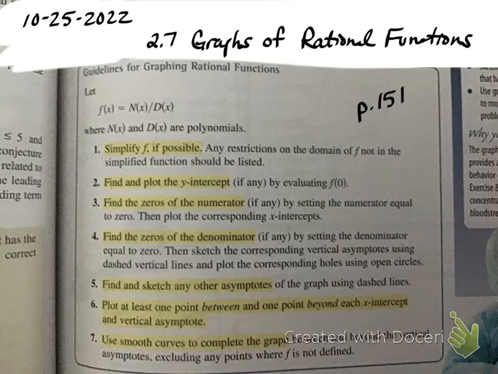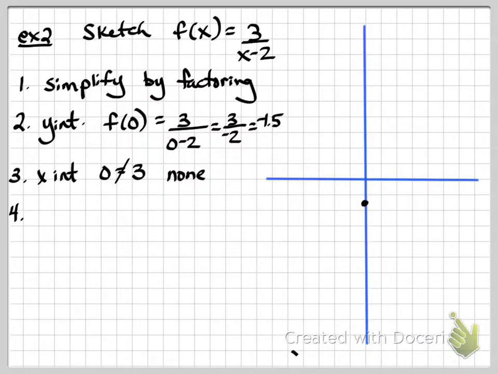Step 4, find the zeros of the denominator, if any, by setting the denominator equal to 0. Then sketch the corresponding vertical asymptotes using dashed lines and plot the corresponding holes using open circles. Since our function did not factor, nothing in the numerator divided out with anything in the denominator, so we have no holes.